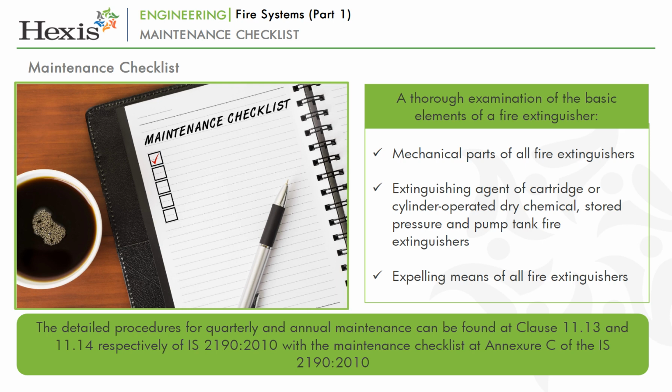Maintenance is to be performed in full compliance with the maintenance requirements of IS 2190:2010. During the time period that fire extinguishers are removed from service for maintenance or recharge, a replacement fire extinguisher suitable for the type of hazard being protected and of at least equal rating is to be provided.